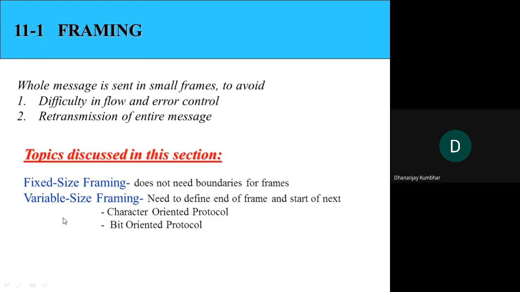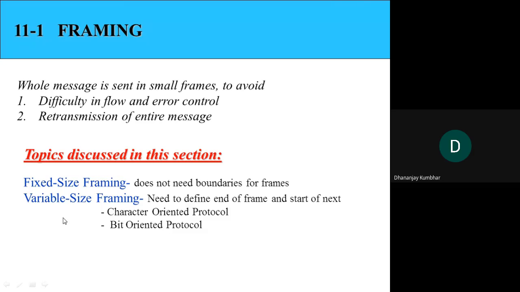Then what are the different types with which we go ahead with framing? But before that, we'll see why we go ahead with framing, and why specifically we frame a smaller number of bits into one frame. If you are going ahead with framing, then why don't you send all the data into one frame only?